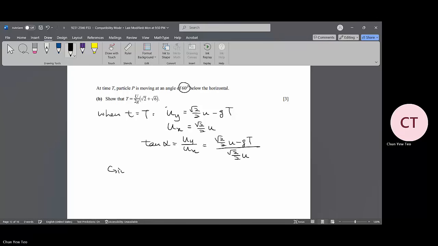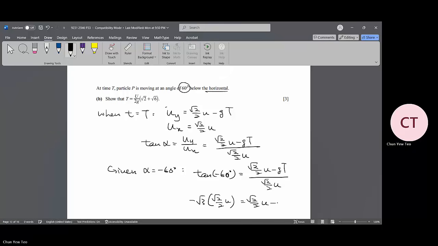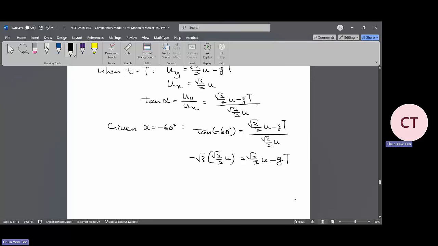Then given alpha is negative 60 degrees because this is 60 degrees below the horizontal. So tan negative 60 degrees will be equal to root 2 over 2 u minus gt, divided by root 2 over 2 u. So this one is negative root 3 multiplied by root 2 over 2 u equal to root 2 over 2 u minus gt. So we can actually combine them together.